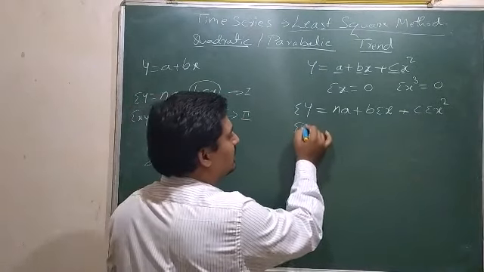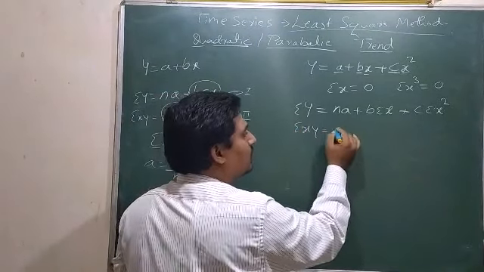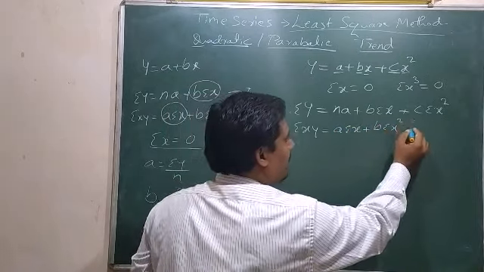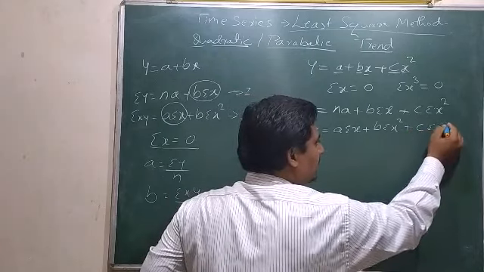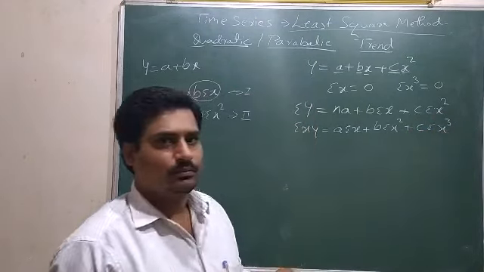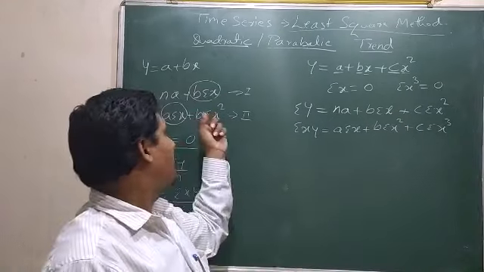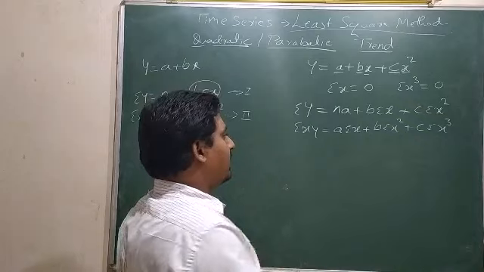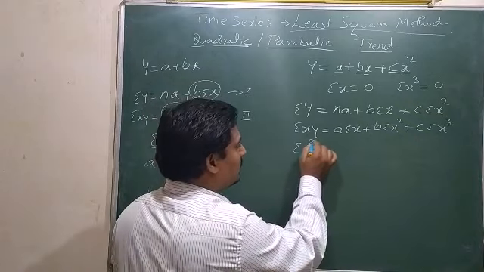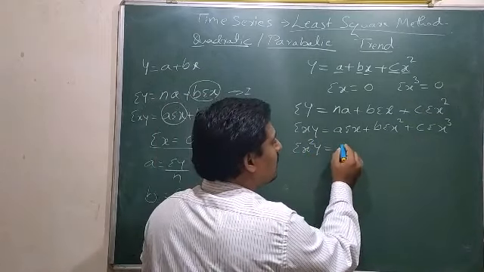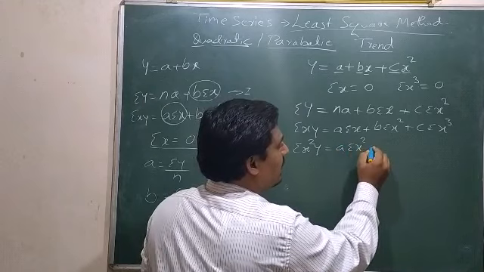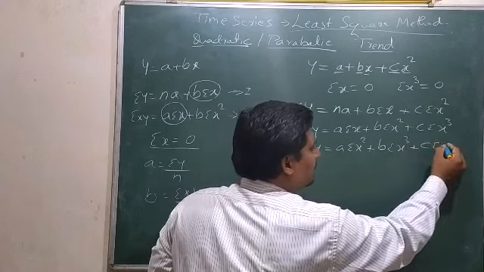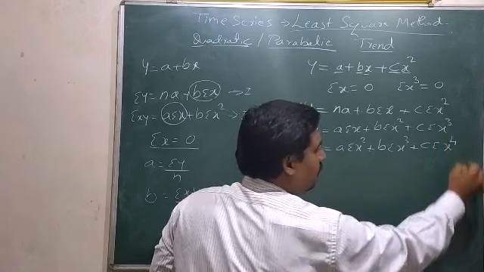Then summation xy is equal to a summation x plus b summation x square plus c summation x cube. So this much is similar to the second equation of the straight line trend. And now the third equation, summation x square y is equal to a summation x square plus b summation x cube plus c summation x raised to 4.